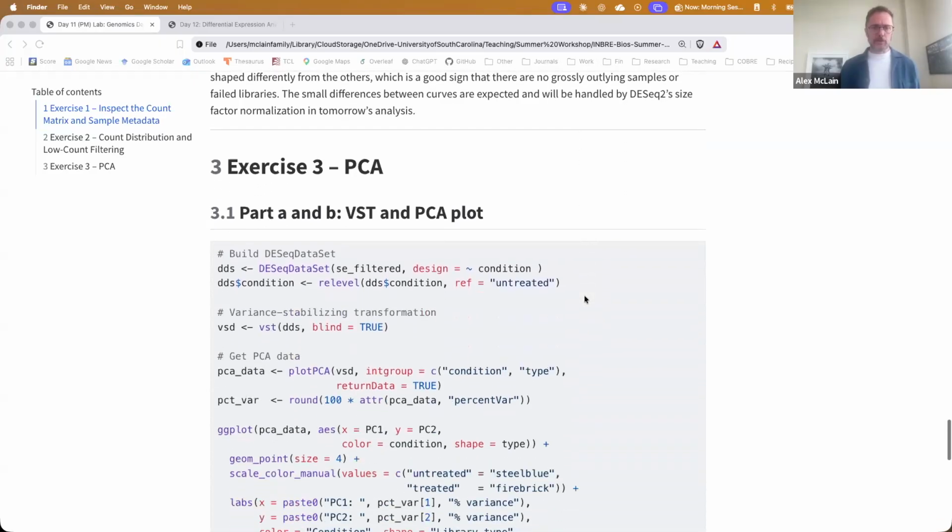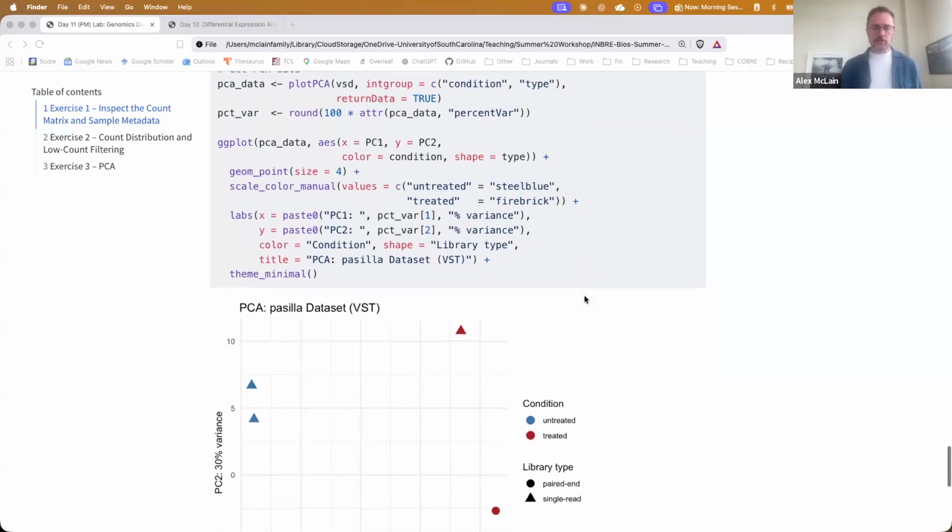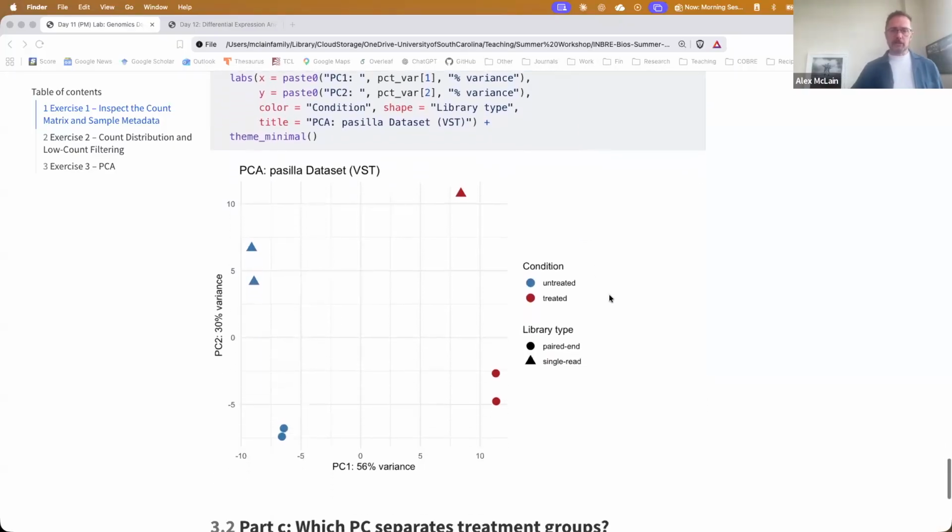The next part was looking at just some quality control measures. So here we have the PCA results. So we have principal component 1 on the x-axis, principal component 2 on the y-axis.